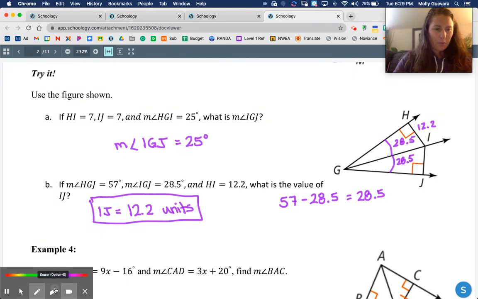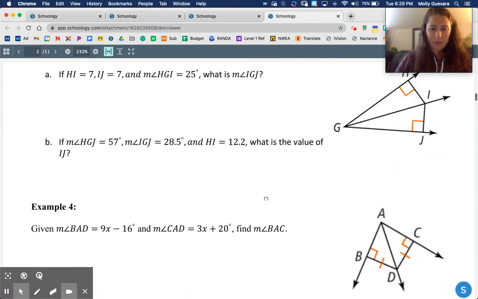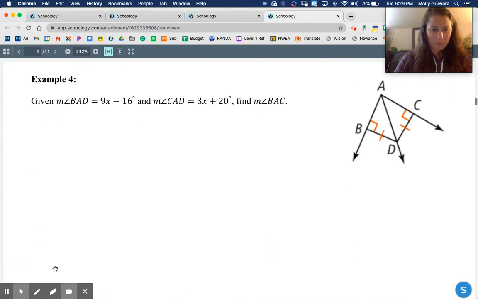All right, one last problem and then we're done with this lesson. Example 4 says, given that the measure of angle BAD, so this right here, I don't really have room to write it, so I'm going to do this, is 9x minus 16. And CAD, which is that angle right there, is 3x plus 20.